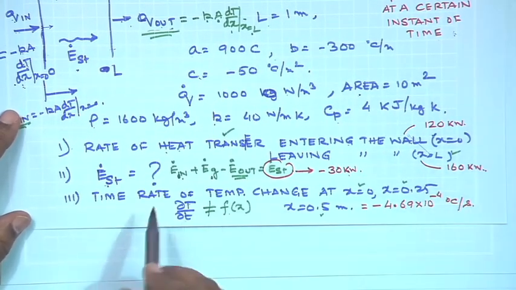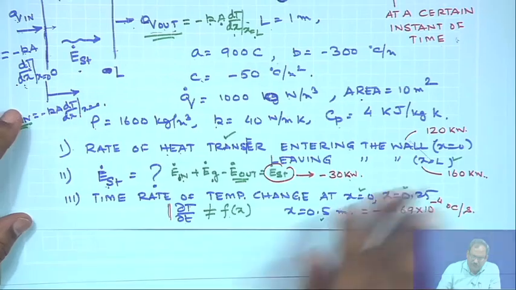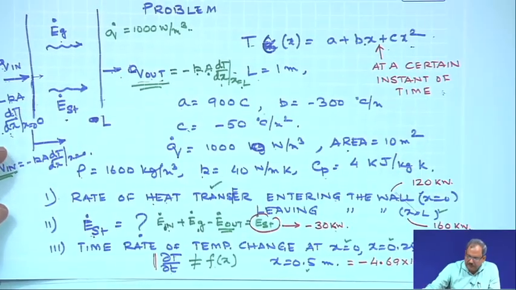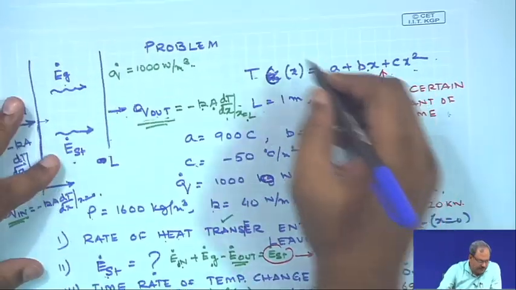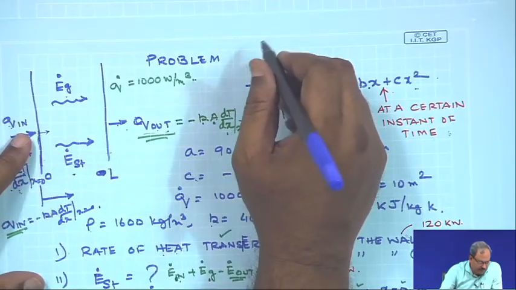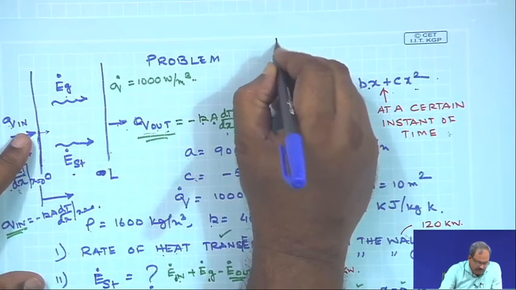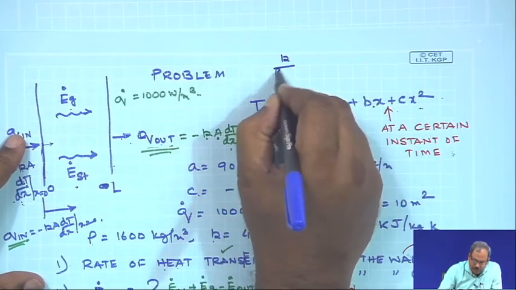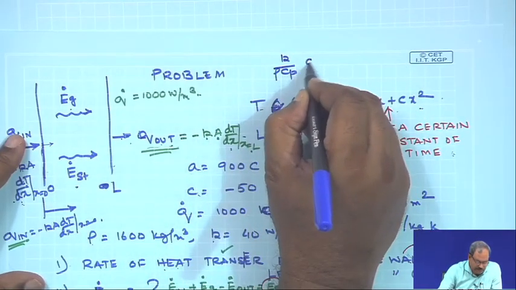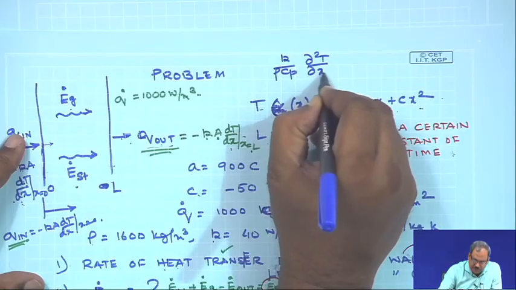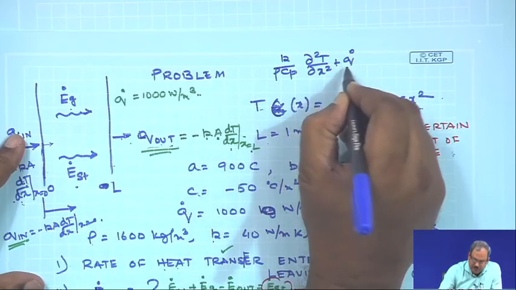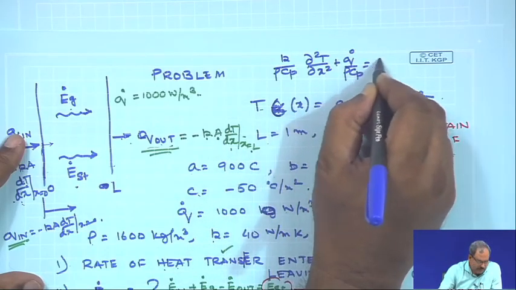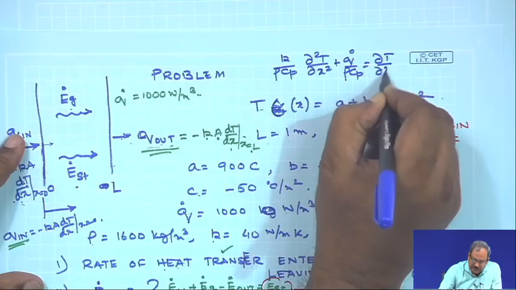And the way this part is going to be solved, I will simply write it once again. The governing equation for this case would be K by rho Cp, del 2T by del x square plus Q dot by rho Cp is equal to del temperature by del time.